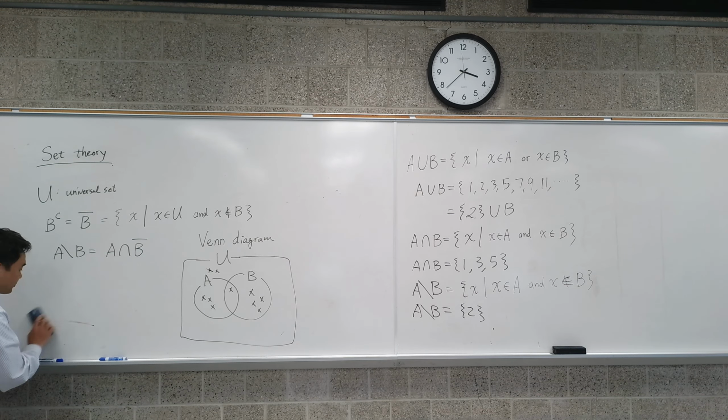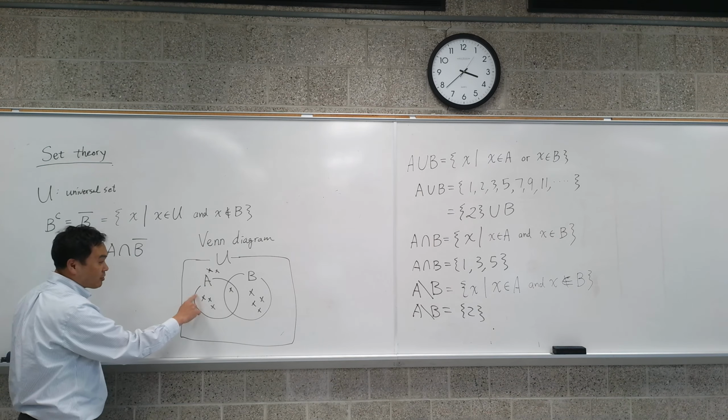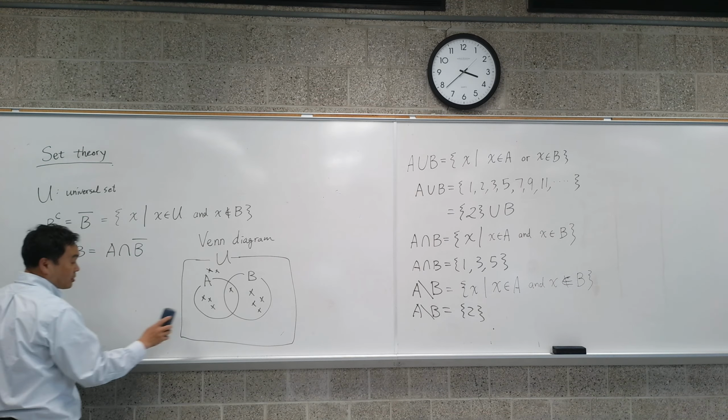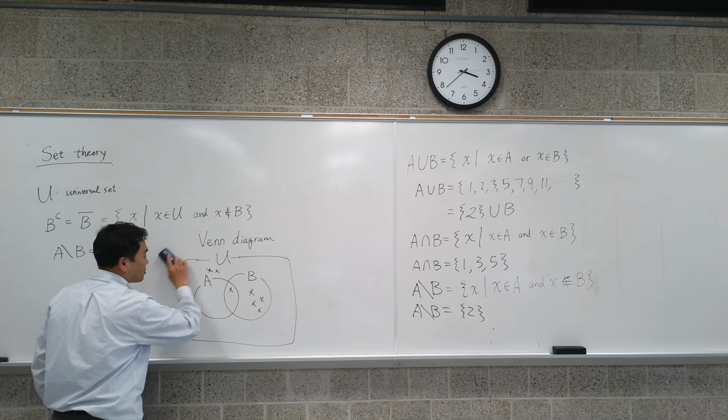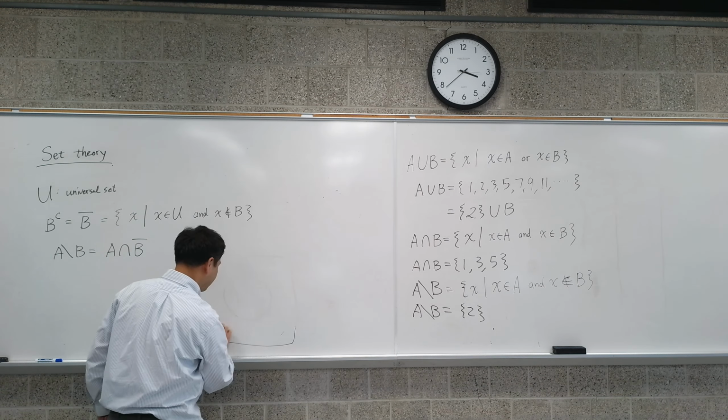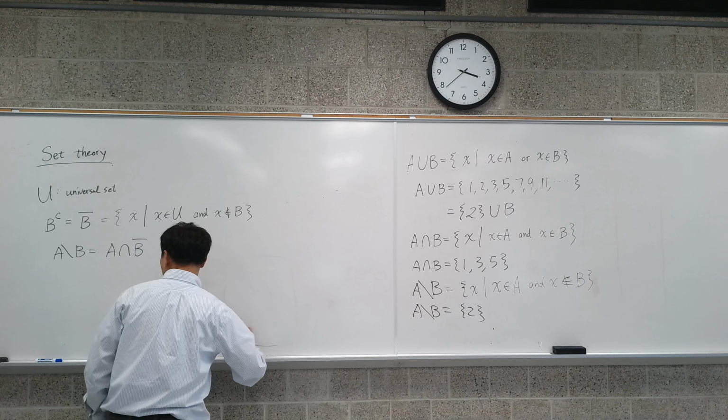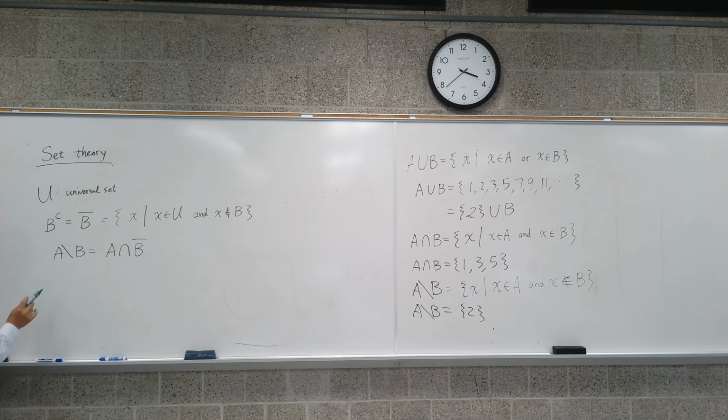But when you're trying to prove that two things are equal, you really want to have a generic Venn diagram to show that two things are equal, okay? So let me do this again. My goal is to draw the Venn diagram for this one and show that they are equal.